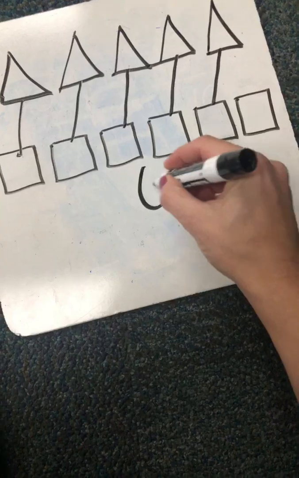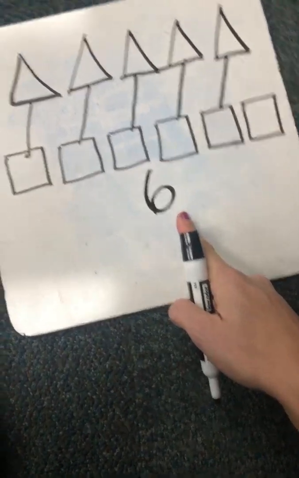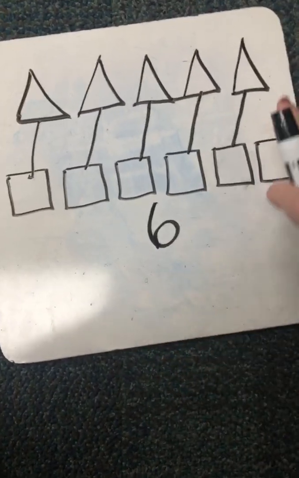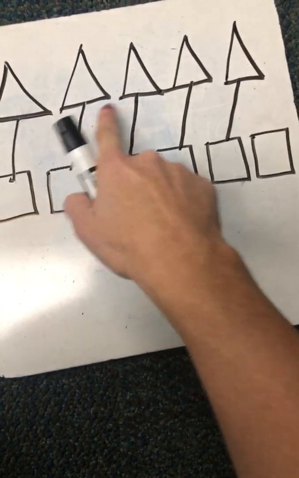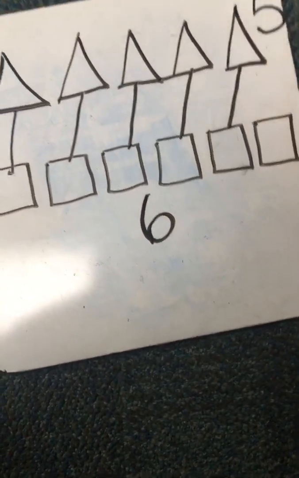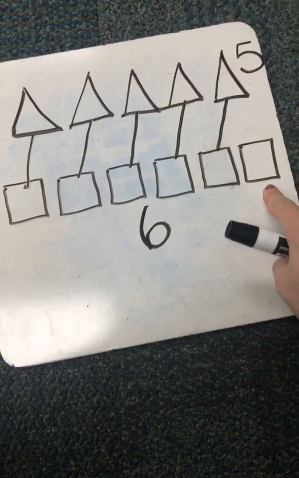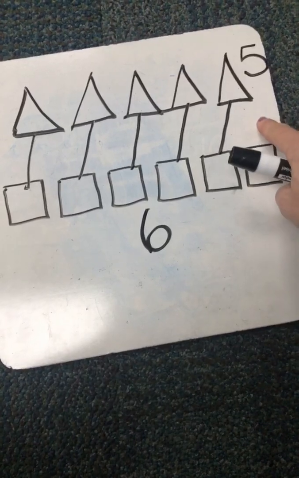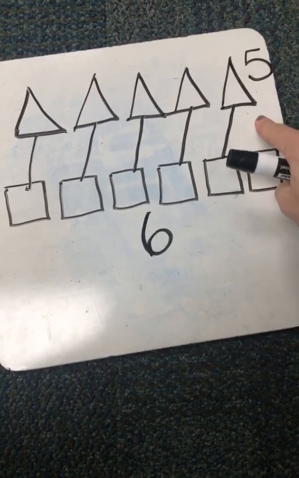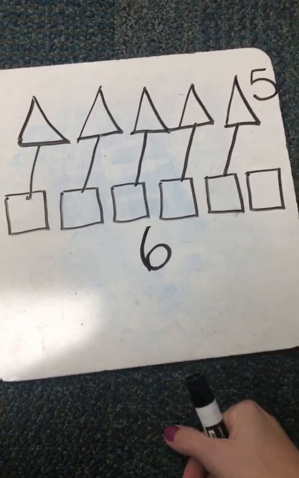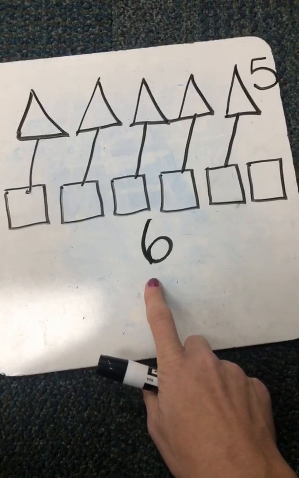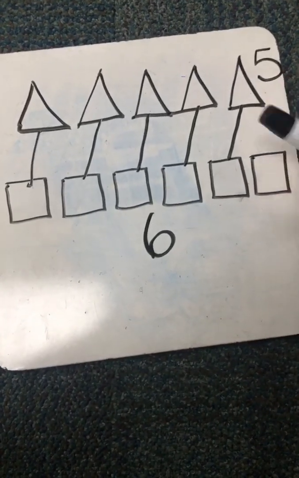So the group of squares has 6. And 6 is more than 1, 2, 3, 4, 5. There's only 5 there. And I can see that we have one more square than we have rectangles. Oh, I'm sorry, those are triangles. Silly Miss Canary. So 6 is more than 5.